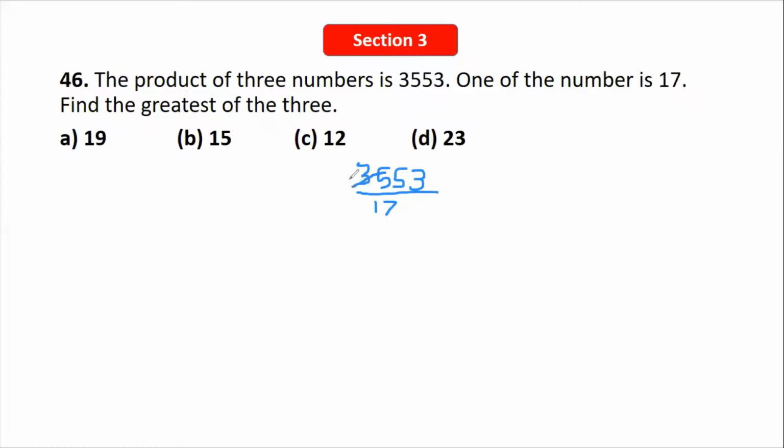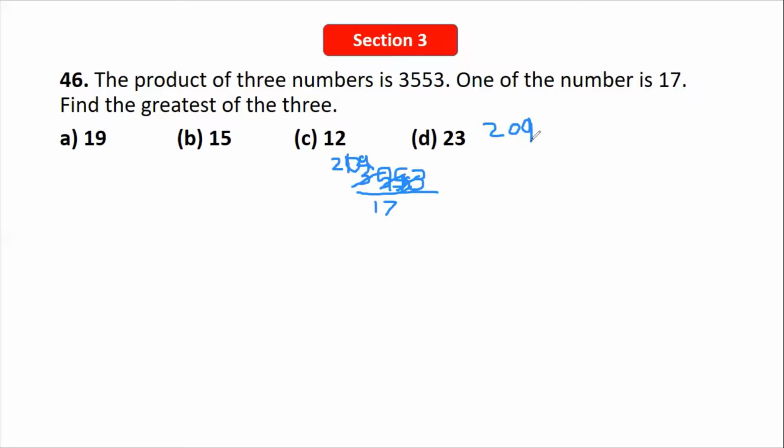This is 2, remainder 1, 17 times 1, remainder 2, and we have 0, this is 15, and 17 times 9 is 153. So the product of the remaining two prime numbers is 209.